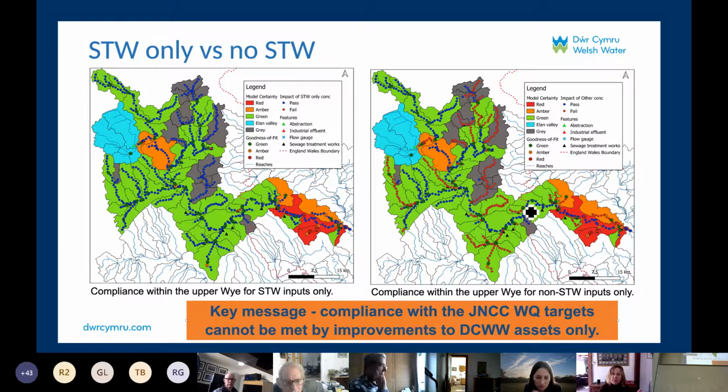And there's a few red blobs on there which show where the sewage treatment plants are actually causing a problem. The slide on the right-hand side of my screen shows the other sources of pollution, which are almost exclusively agriculture. So all of those red blobs on the map show agricultural pollution in the Wye catchment.